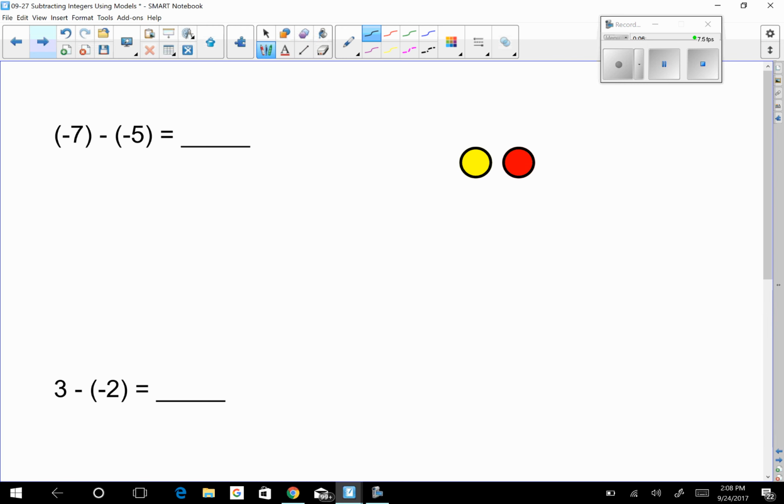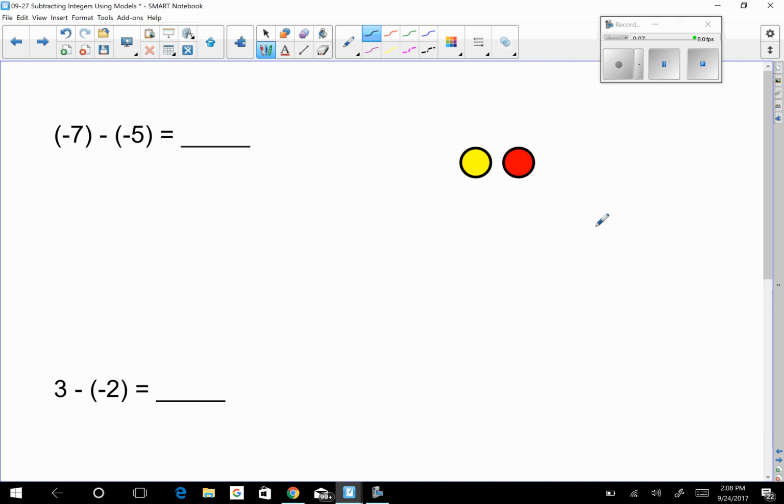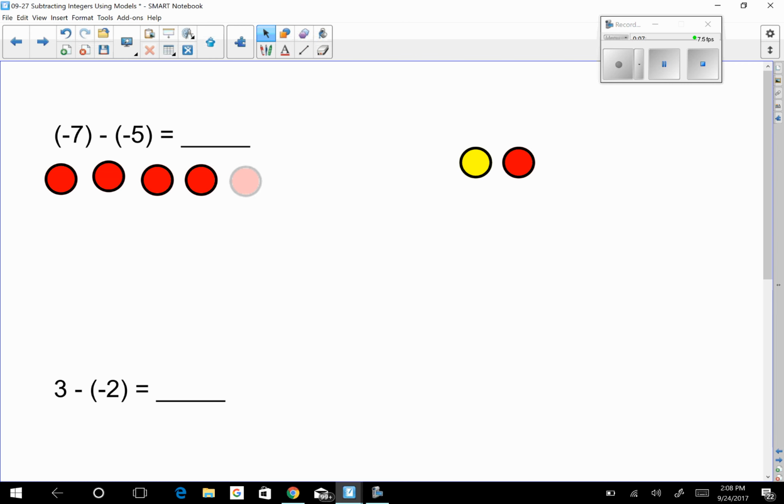All right, a few more examples here. So let's do this one. -7, take away -5. So first we need to start with a group of -7. So 1, 2, 3, 4, 5, 6, 7.